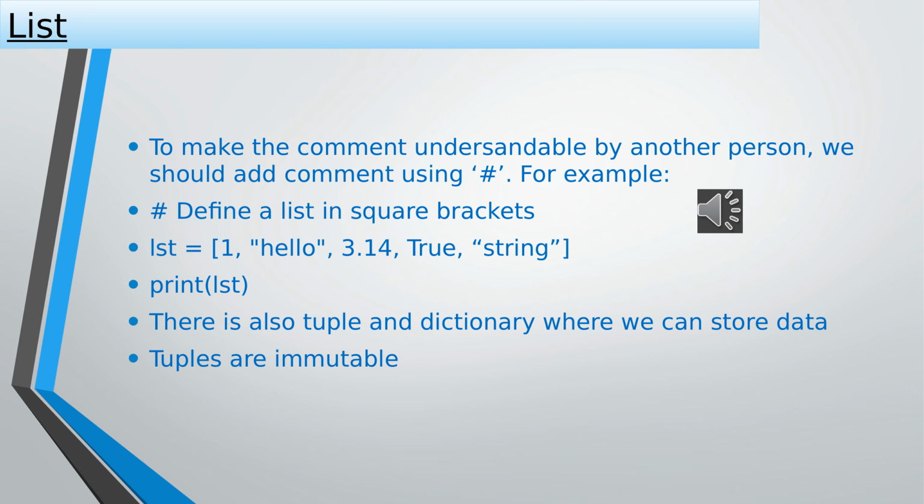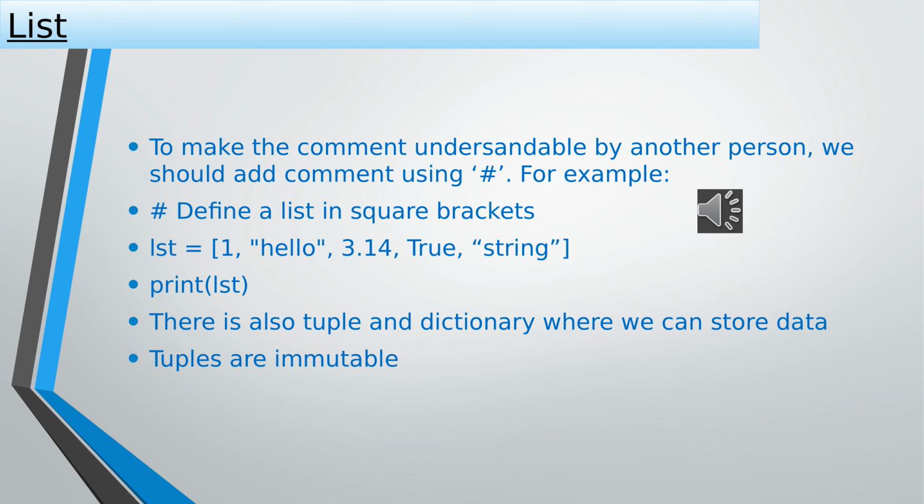Now let's move on to Python lists. A list is one of the most commonly used data structures in Python. A list is an ordered collection of items enclosed within square brackets. Unlike NumPy arrays, a Python list can store different types of data in the same collection.